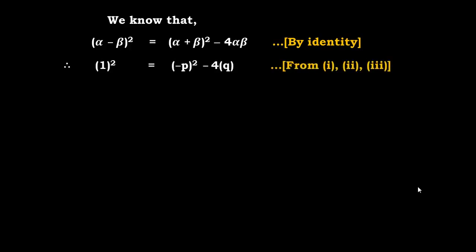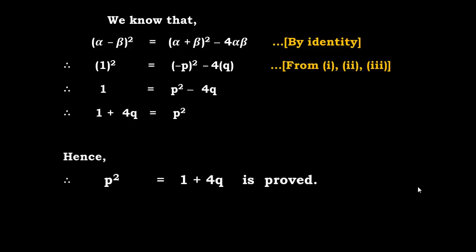So 1 square is equal to minus p square minus 4q. So minus p square will become p square. See, it is minus p square, square is positive. So we have 1 is equal to p square minus 4q. So we get p square is equal to 1 plus 4q. So hence it is proved, p square is equal to 1 plus 4q.